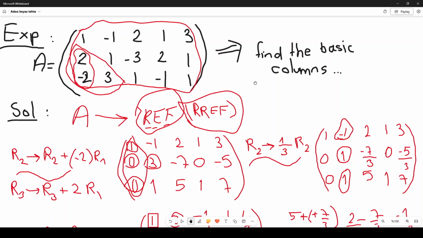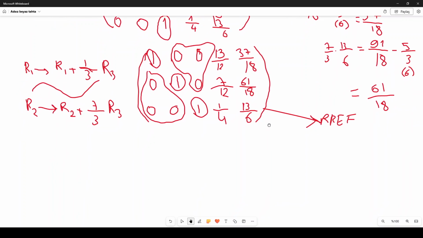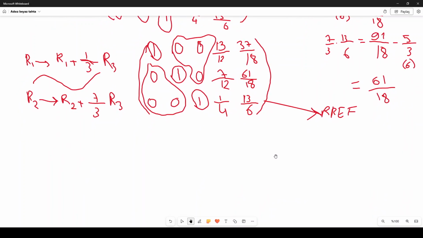And to find them, we need to reduce our matrix into either a row echelon form or reduced row echelon form, and find what the pivotal positions are, and then the columns that include those pivot elements are called the basic columns, and the remaining ones are called non-basic columns. Okay, all right then. Now, what are the basic columns with respect to the final matrix?